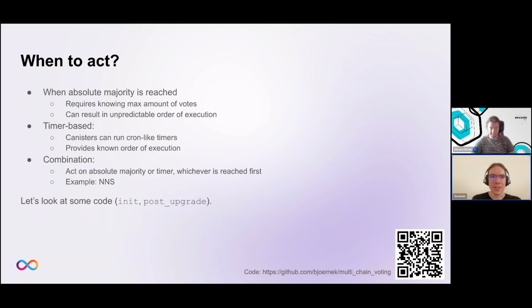The NNS does something like this. For those that don't know, the NNS, that's the big DAO that governs the whole internet computer. It executes proposals either when an absolute majority is reached, or after 4 days, or if the vote is very close and whichever side has an advantage over the other switches regularly, then it will extend the voting period of a proposal, just so that no one can ever say the decision was made because the timer ran out.